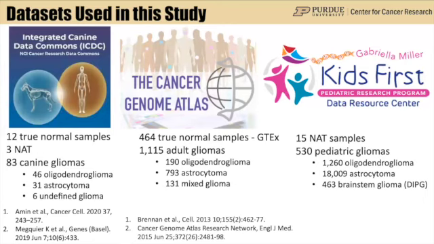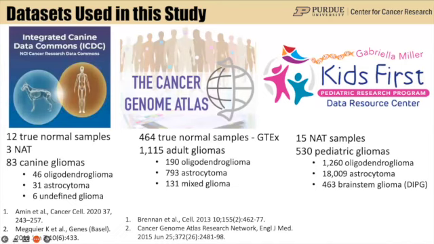We also supplemented this data set with 464 true normal samples that we downloaded from GTEx, which has RNA-seq data in various tissues from healthy patients that don't have cancer.